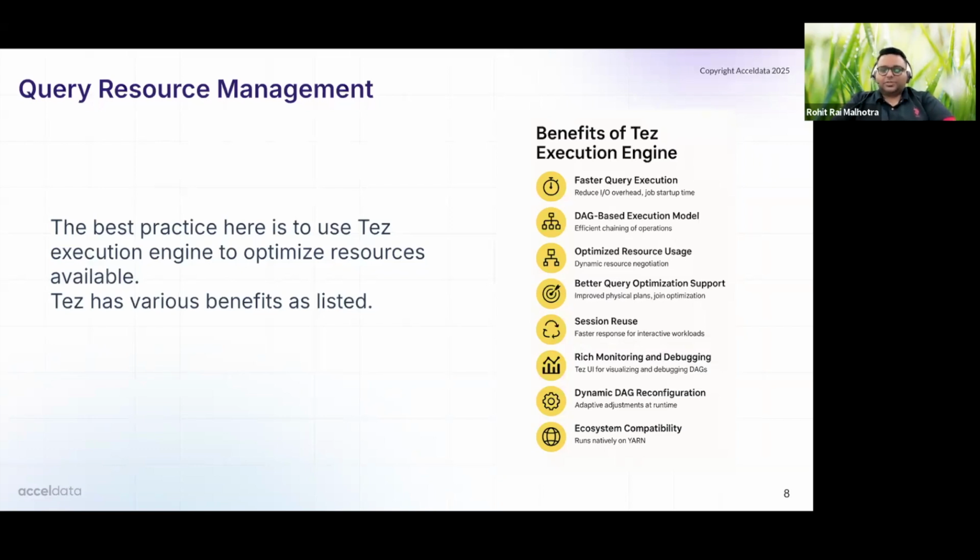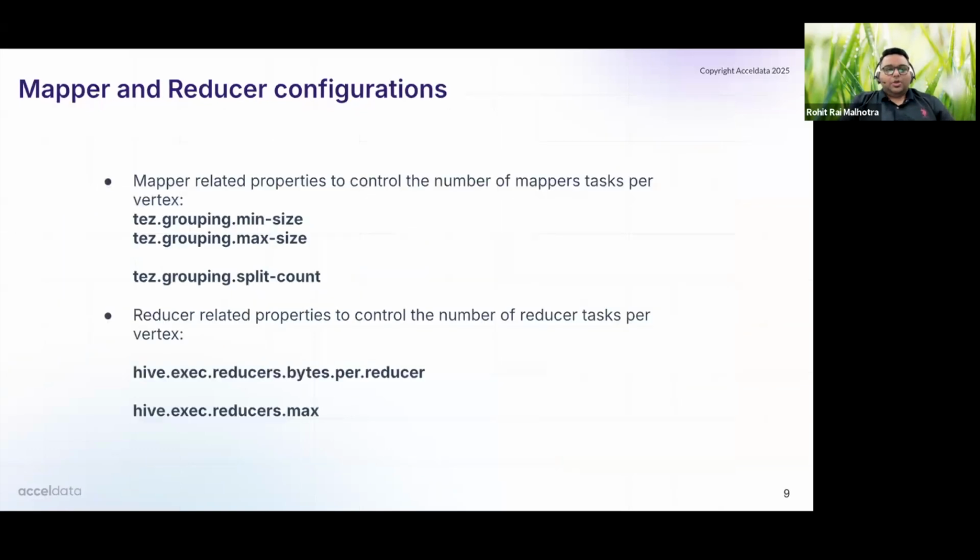And obviously it is really compatible with YARN. So these are the basic benefits of using Tez, which brings us to our next point, where we can manage query resources using Tez options.